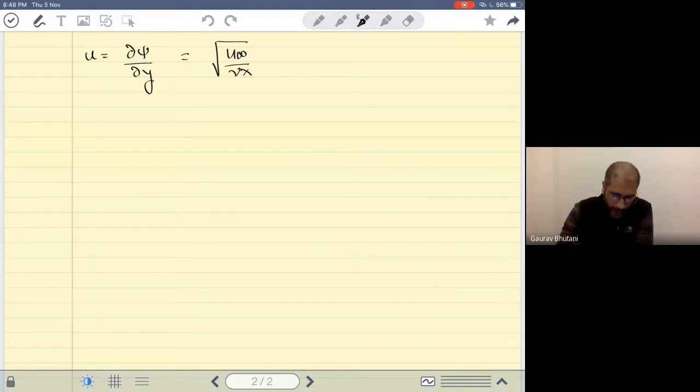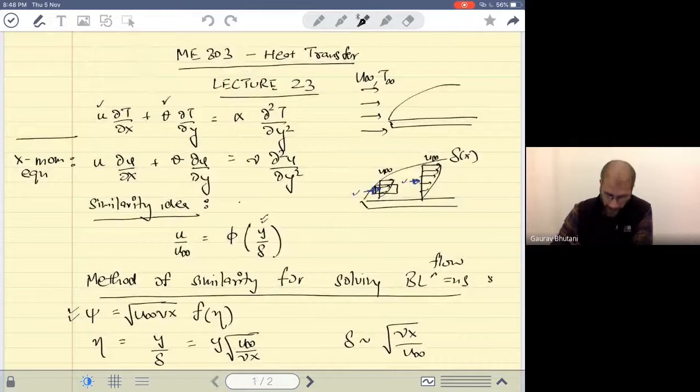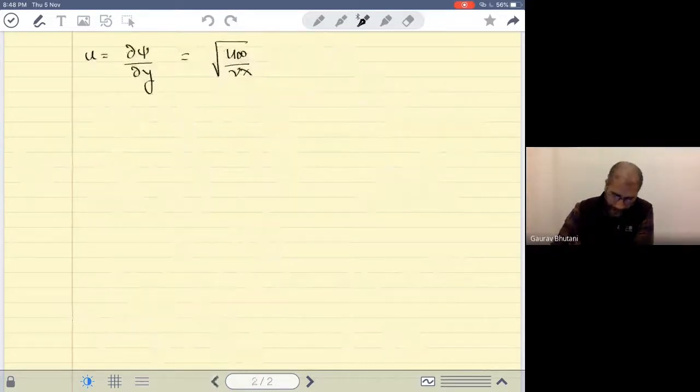u infinity upon nu x, because we had a y multiplied by this expression. So del psi by del y simply becomes the square root of u infinity upon nu x. Oh, sorry, we also had an f. I forgot about the f. So we had a function of eta.